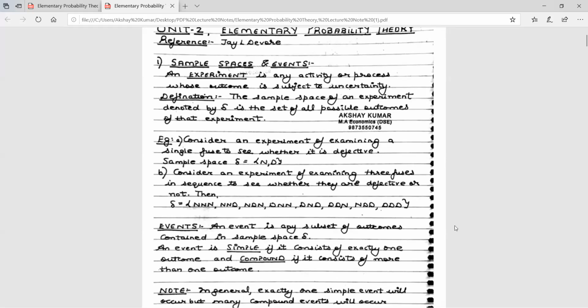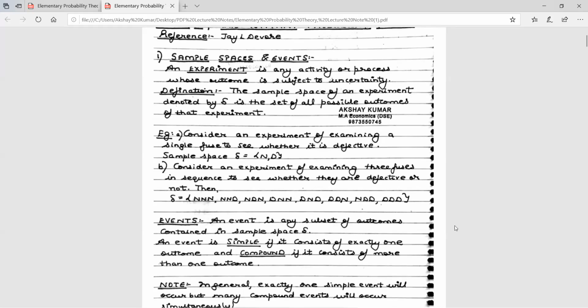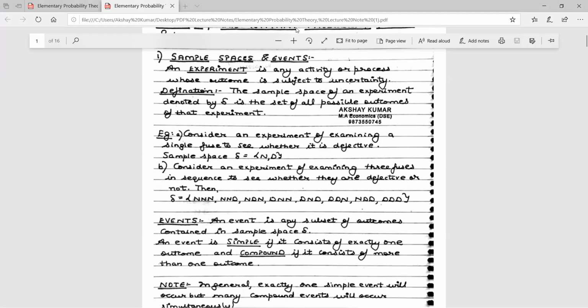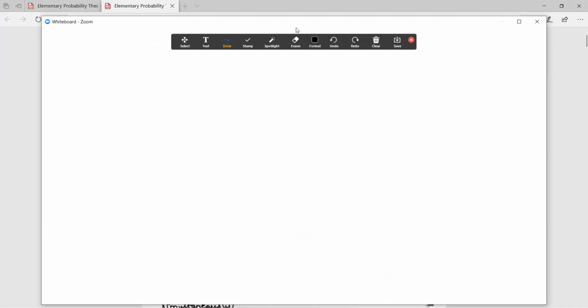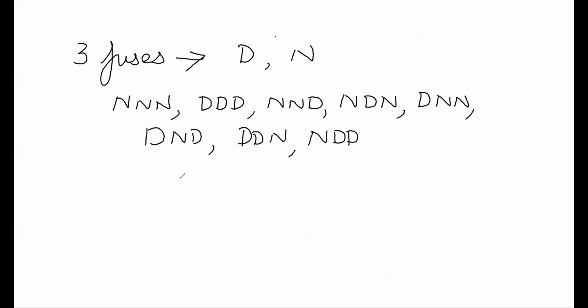In general, you must have done this in school also, when we have two options, how many outcomes do we have? 2 to the power n. So in this particular case, we have 3 fuses. If we conduct an experiment, the sample space will consist of 2 to the power n elements.